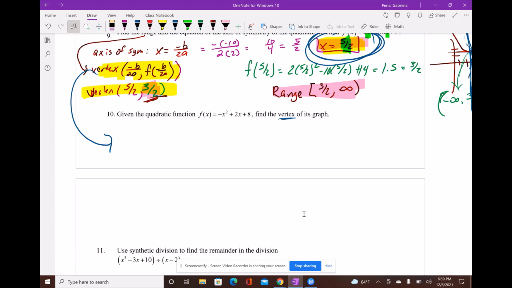Negative b over 2a. Well, there's nothing there, you just plug in there, right? Yeah, it should be a 1. That is correct.